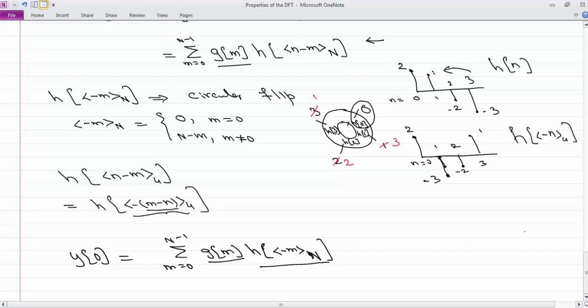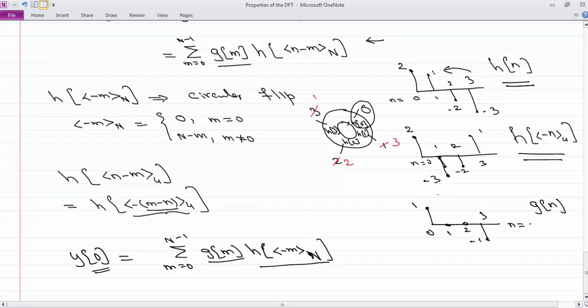For example, I'll work with the same example, h of n. So let's say my g of n was 1, 0, 0, minus 1, at indices 0, 1, 2, and this is the index 3. So once I have circularly flipped my signal, the 0th value of the circular convolution, I just do the usual thing.